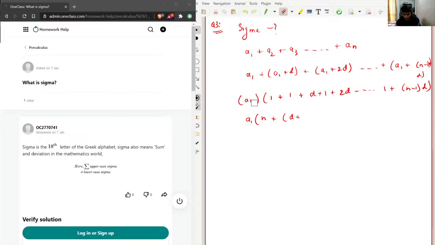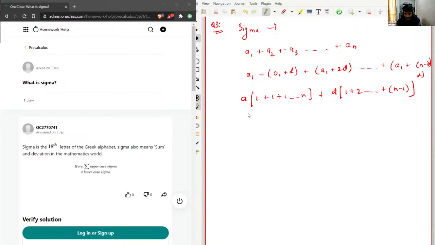Just a minute. This a1 will operate on this one only, not d. I'll rewrite this statement again. So if I take a1 common, then I can write 1 plus 1 from here till n, and this plus d common, and it will be 1 plus 2 continuing to n minus 1.